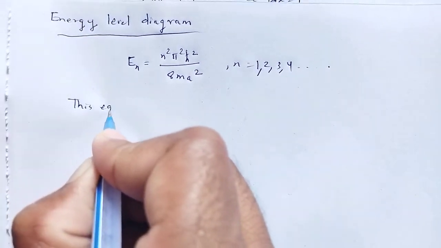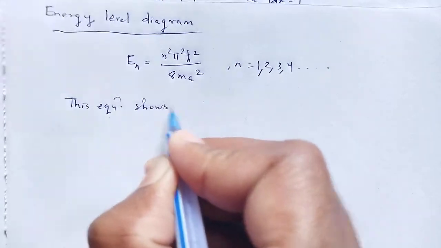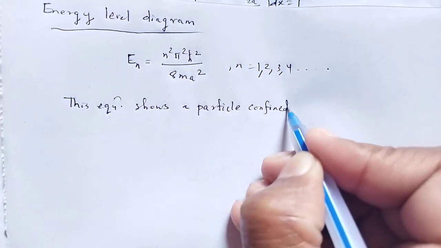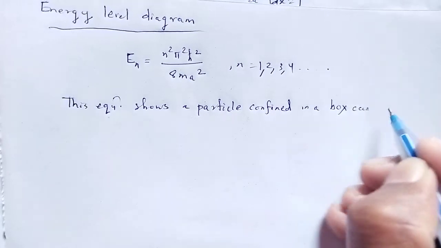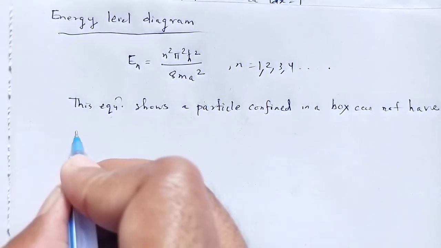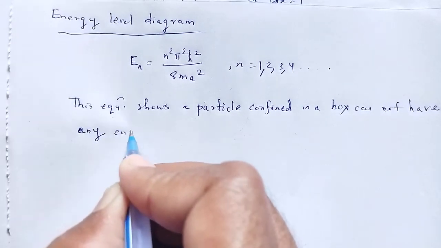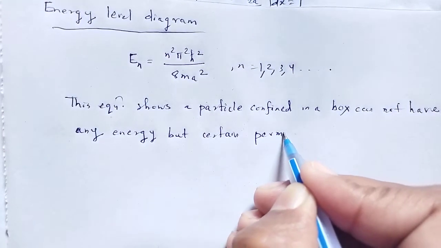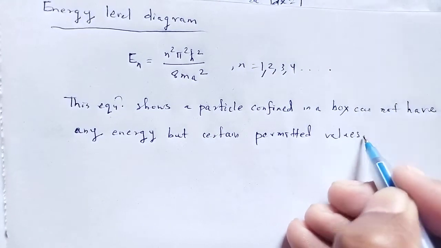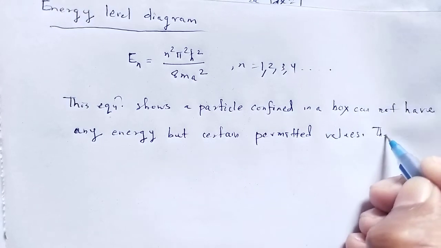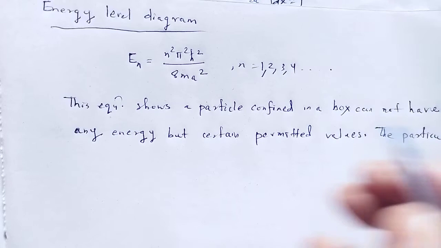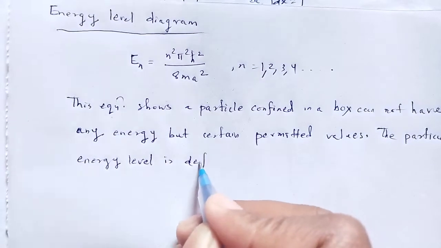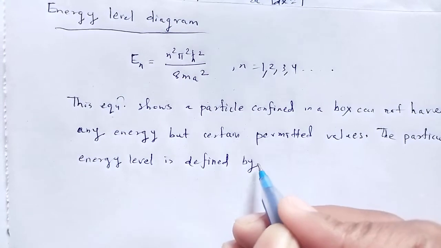This equation shows a particle confined in a box can't have any energy but certain permitted values, and the particular energy level is defined by the quantum number n.